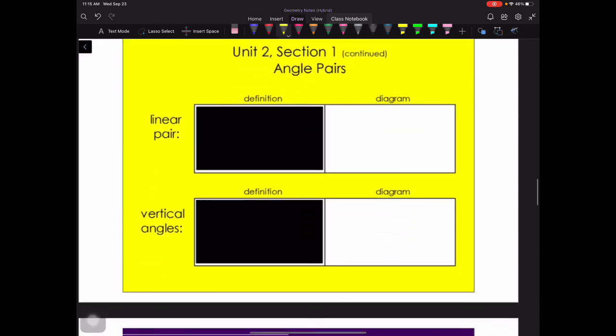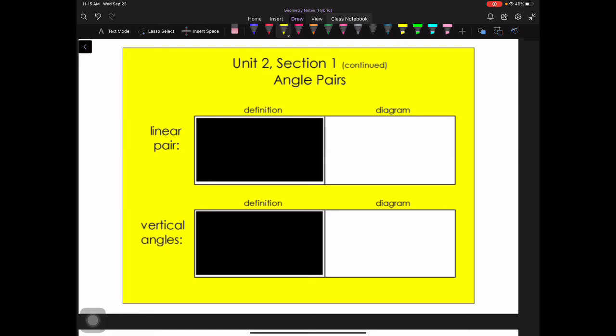Okay, so here we are continued. Let's talk about some specific types of angles. A linear pair would be two adjacent angles, so they're side by side, that form a line.